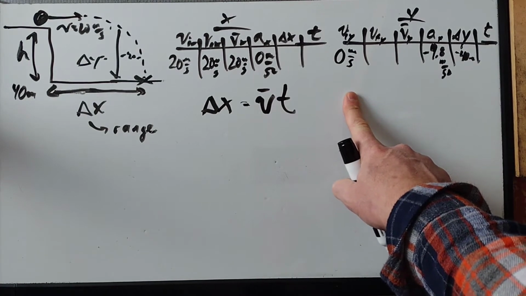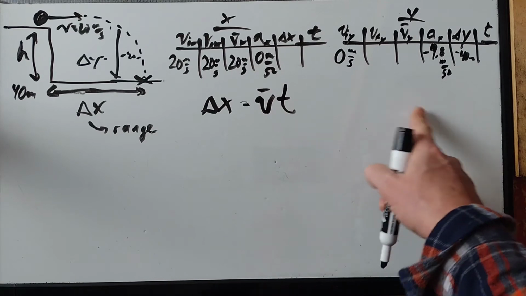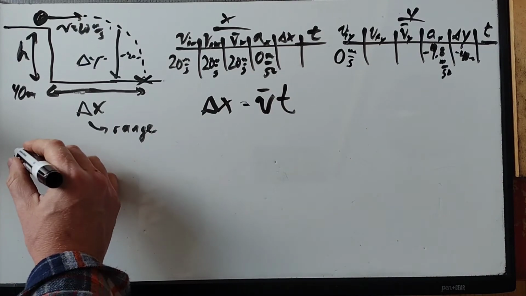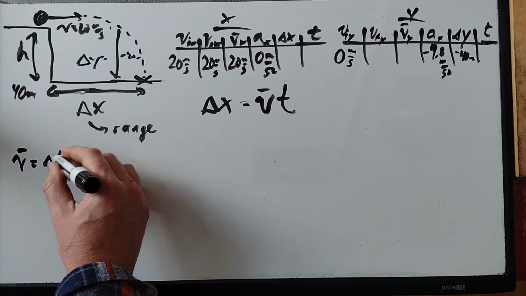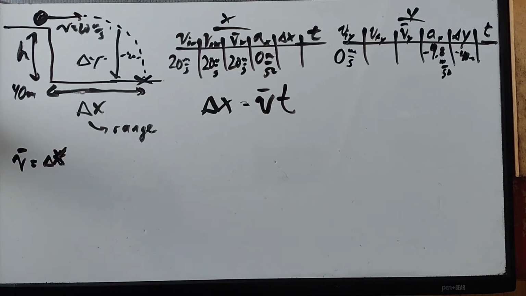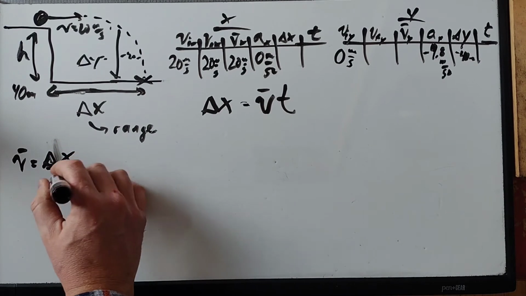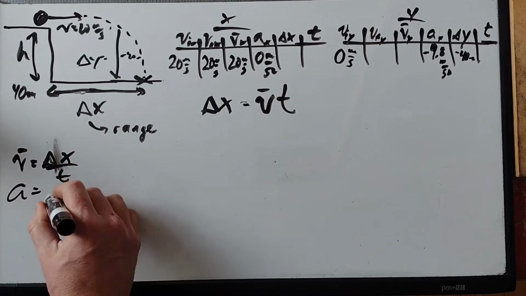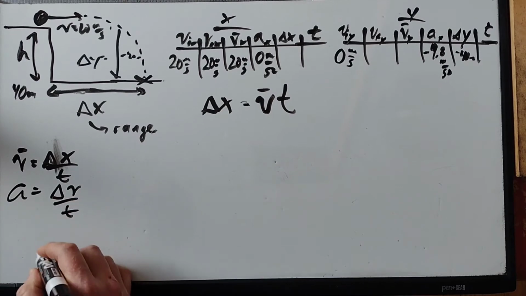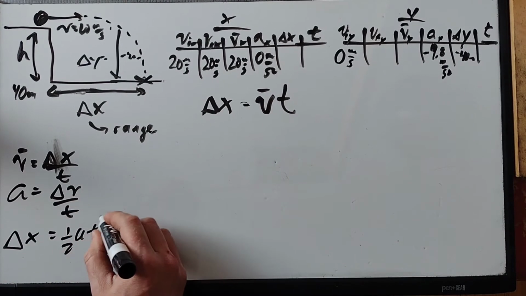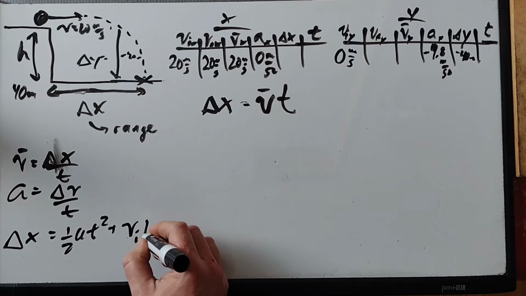If you look back at your equations, we need one that has time in it. For ones with time in it, we have the definition of average velocity, which is displacement over time, delta x over t. We have acceleration is change in velocity over time. We have displacement is 1/2 at squared plus v initial t.